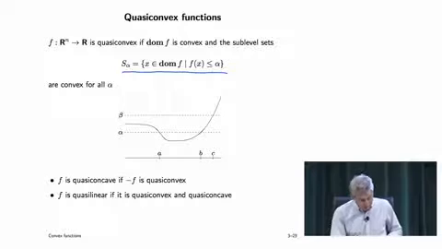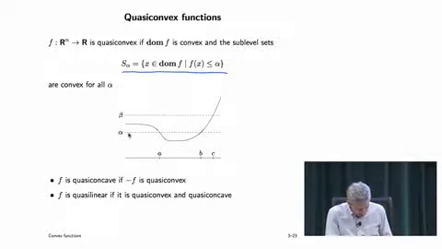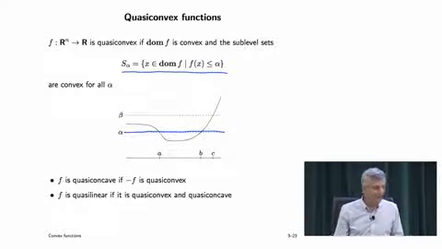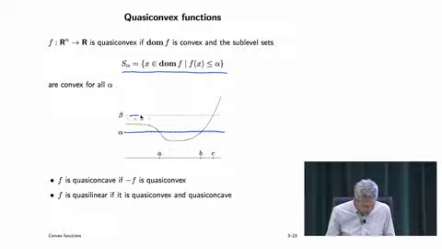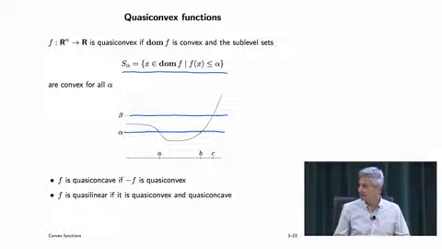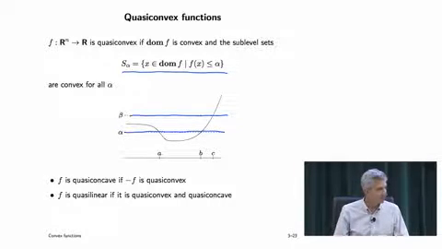And for example, for a scalar function, it just means the following. It says that if I slice the function at any level and I look at the sublevel sets, well, in R, I get an interval, but it could be, for example, when I slice at beta, I get a half infinite interval. Everybody got this?